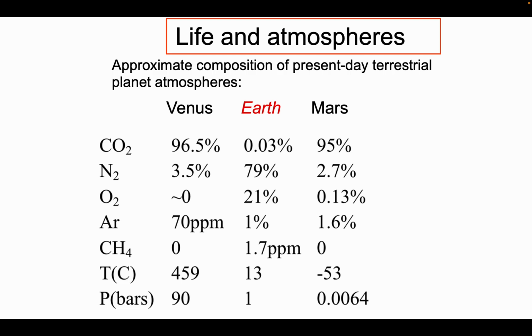Venus and Mars both have trace amounts of oxygen and nitrogen. Mars has argon present. Neither Venus nor Mars has methane. The temperature for Venus is about 460 degrees Celsius, and for Mars it is minus 53 degrees Celsius.